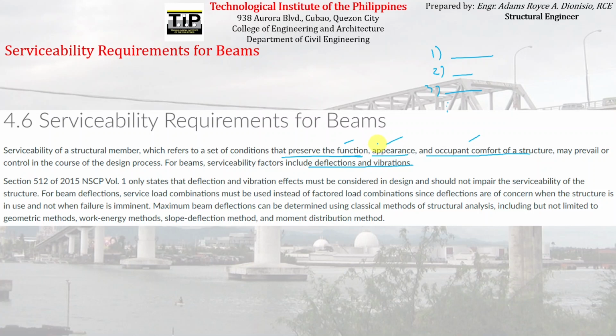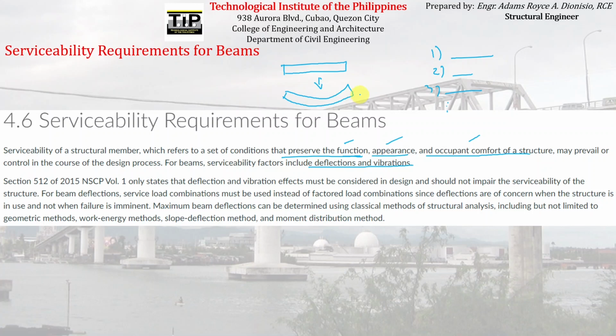or if the beam will experience excessive deflection resulting in the change of its appearance. So from a horizontal appearance, it will now be deflected like this. If the beam has that condition, it will give the occupants a feeling that the beam is on the verge of failing.